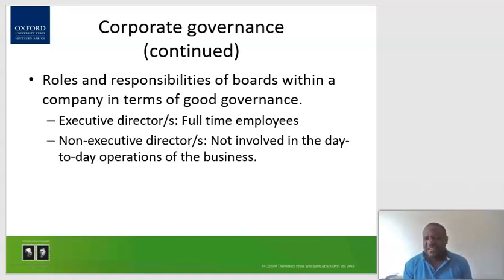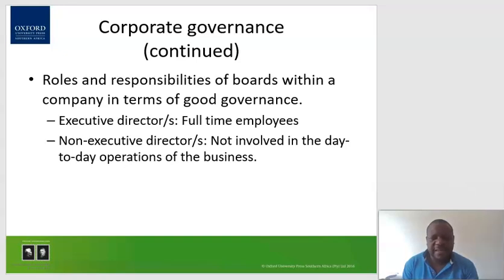So there are roles and responsibilities within a company in terms of good governance. There are roles of executive directors. There are also roles of non-executive directors. Like, what is it that non-executive directors can do which cannot be done by executive directors? What is it that executive directors can do which cannot be done by non-executive directors? What are the differences anyway between these two?